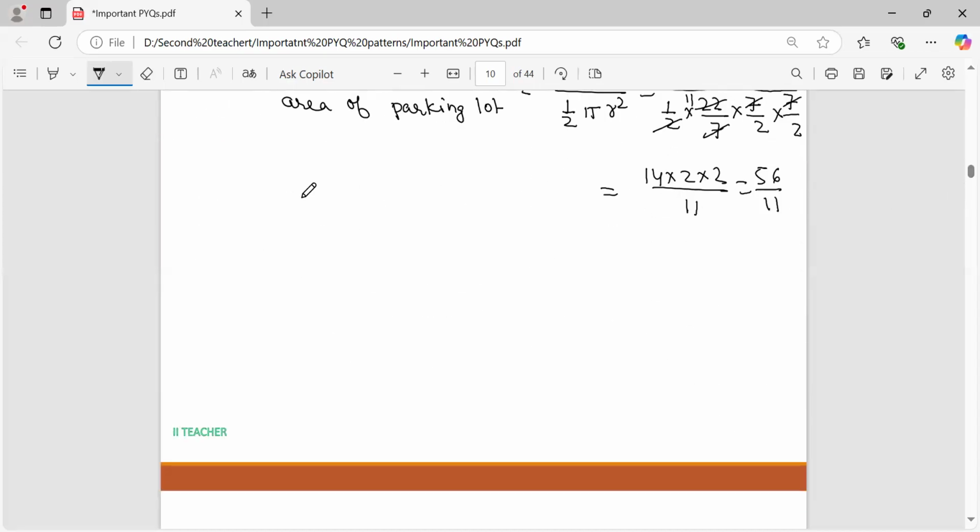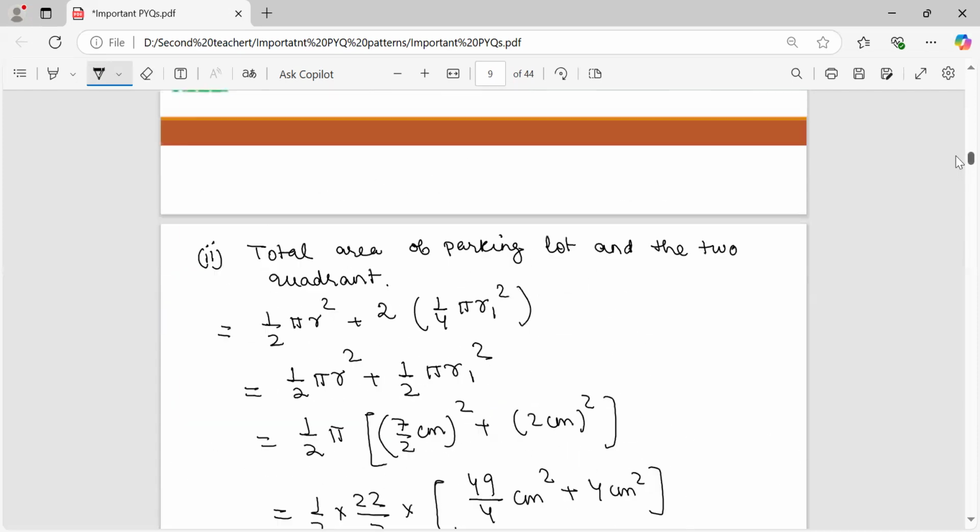And the fourth part they have asked us in this question is the total perimeter of the playground and the parking lot. So perimeter means, see, let's come here.